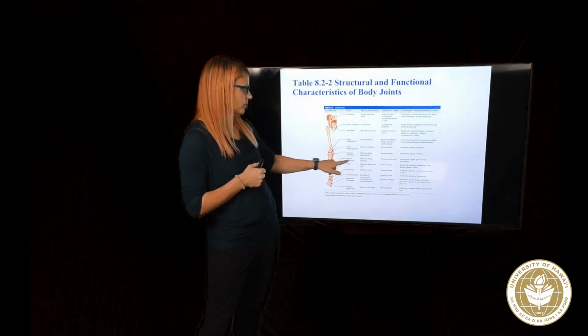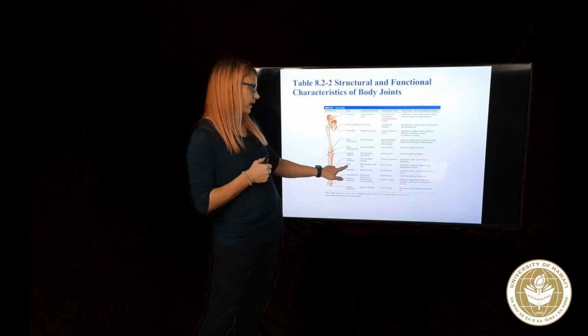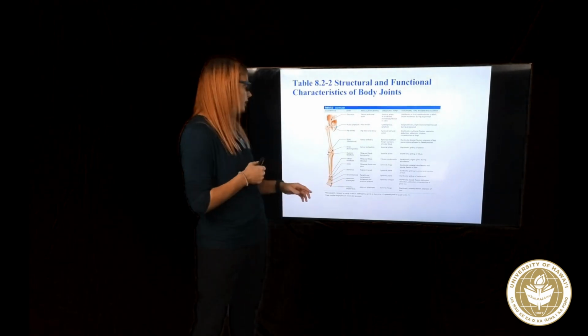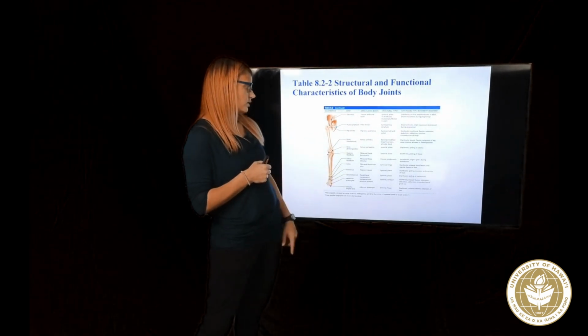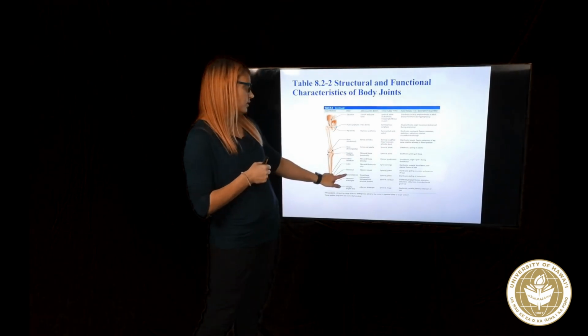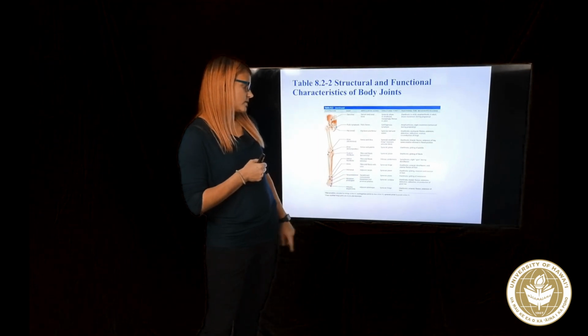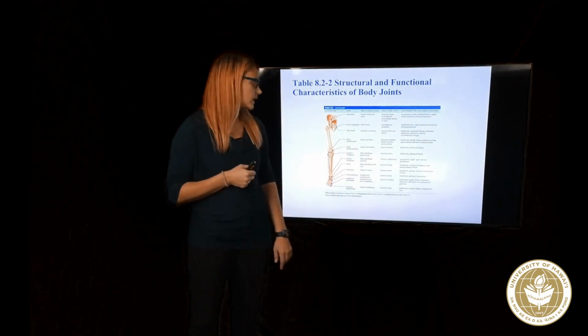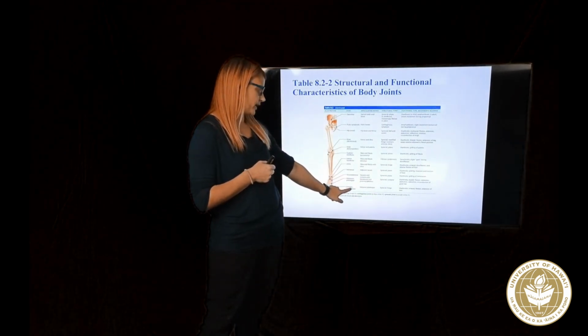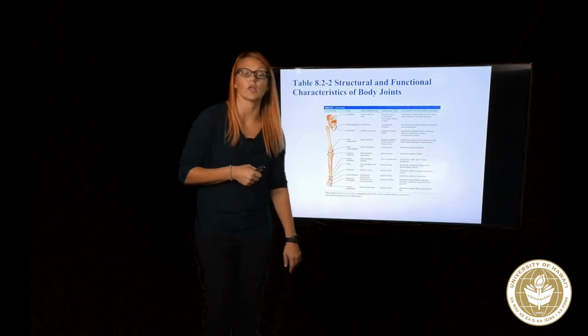We have the superior as well as inferior of that. We have our ankle, which is another synovial hinge joint. The intertarsal is a synovial plane joint. Tarsal-metatarsal is synovial plane. Metatarsal phalangeal is a condylar synovial joint. And then we have the interphalangeal, or that toe, is a synovial hinge joint.